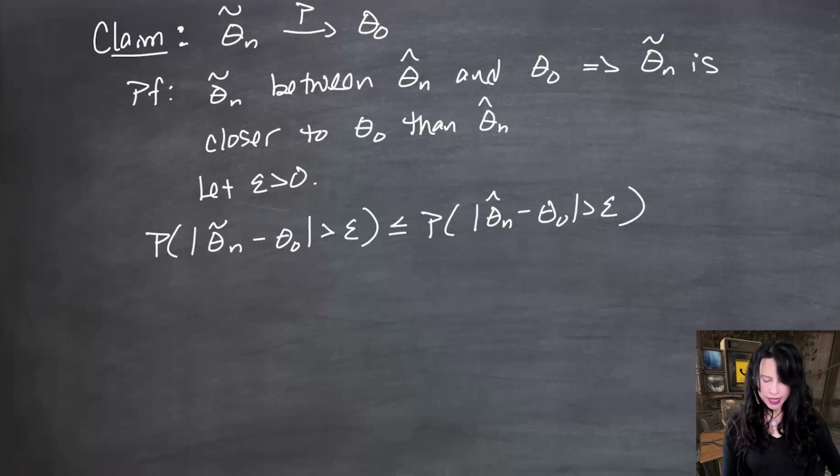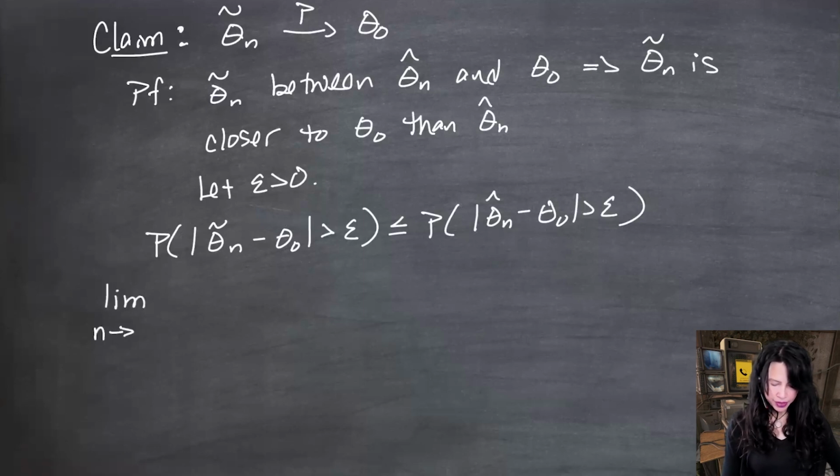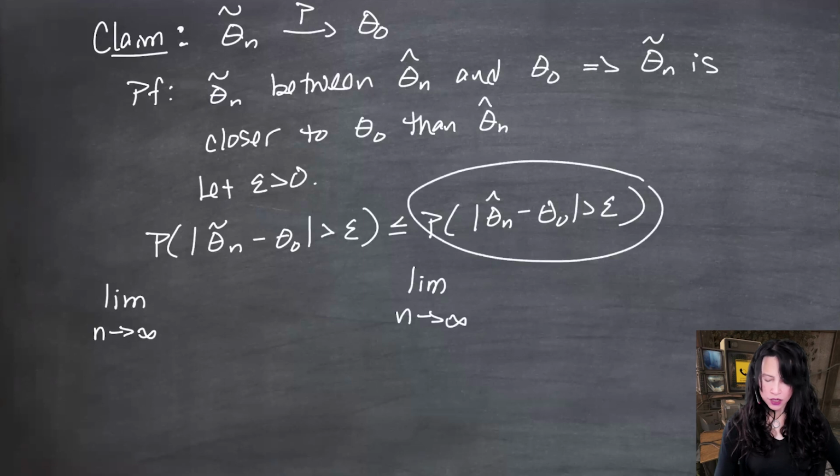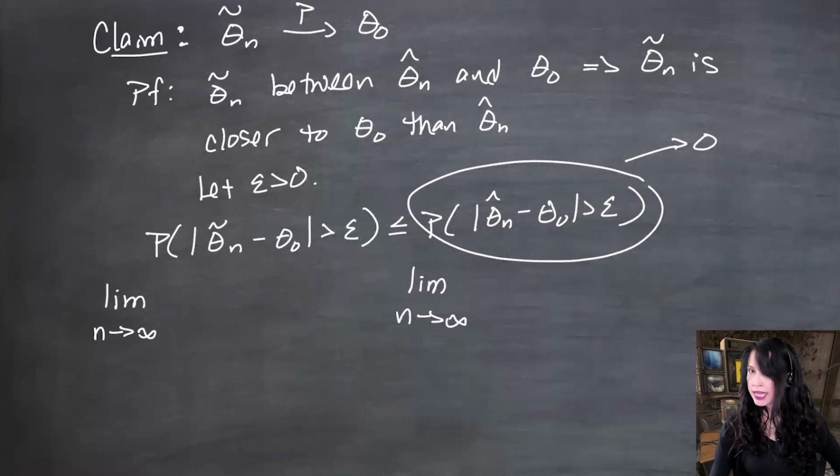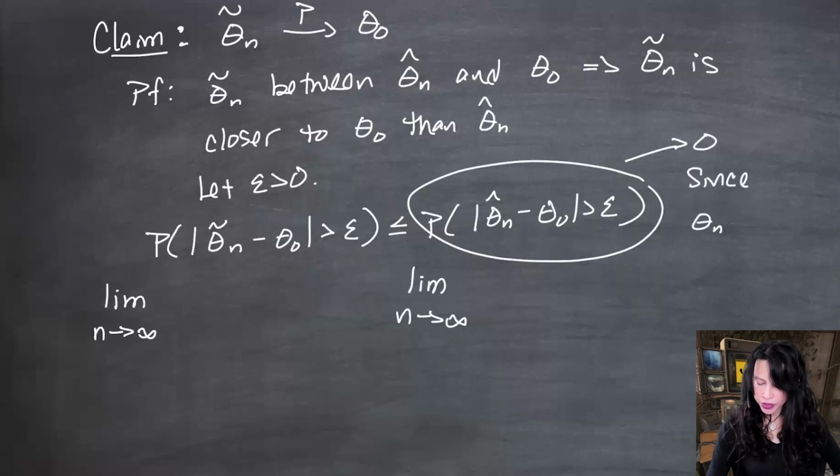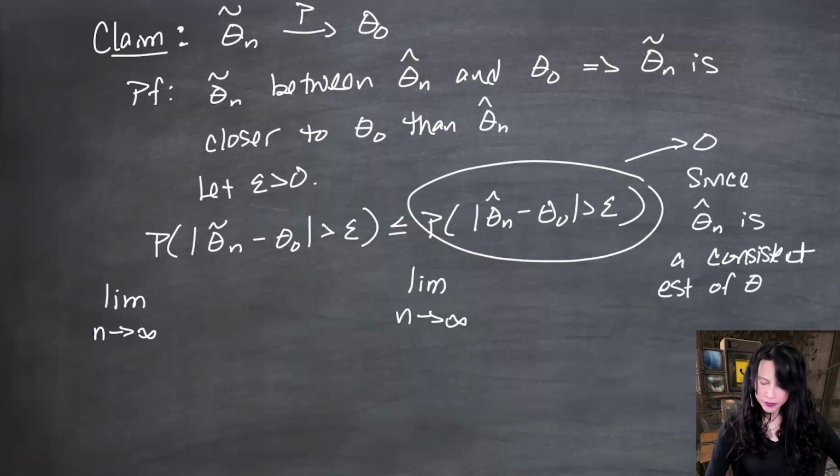But as a final line for the proof of this little claim, if you take the limit as n goes to infinity on both sides here, this right side goes to 0 by property 2, because the MLE is a consistent estimator of theta naught. That means it converges in probability to theta naught.